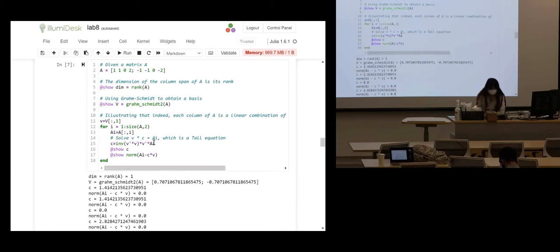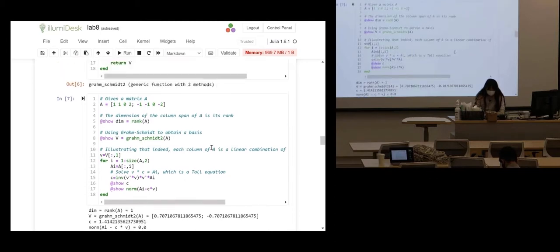So we can illustrate this. For example, each column of this matrix A can be written as a linear combination of these bases.